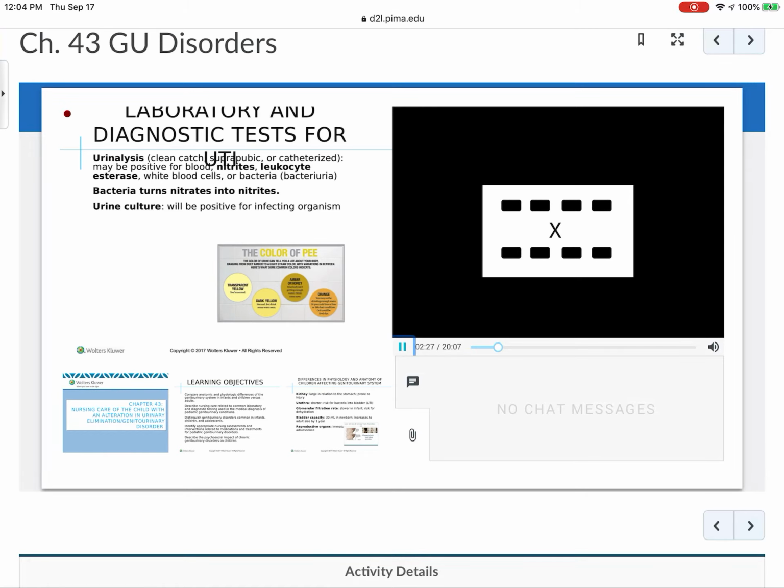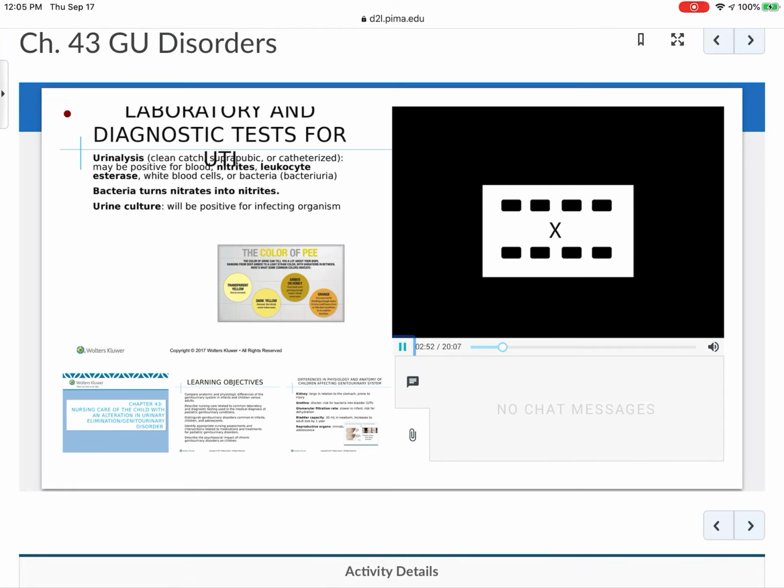What we're looking for in a positive urinalysis to indicate an infection is maybe some blood, not always. It depends on if it's a traumatic catheterization or not. Looking for nitrites because bacteria turns nitrates into nitrites. We're looking for leukocyte esterase, white blood cells, and maybe some bacteria.